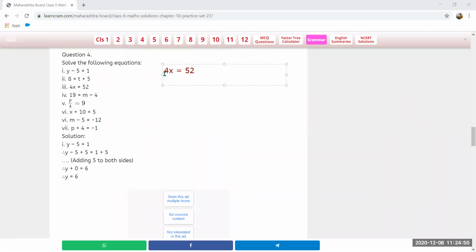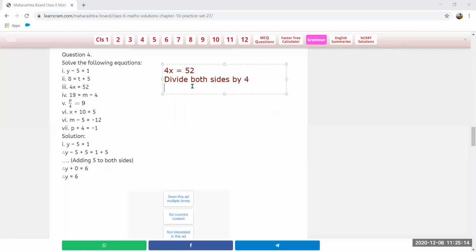This 4 is multiplied with x, so that's why we are going to divide both sides by 4. Yes.